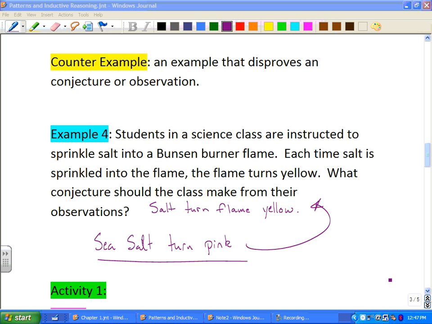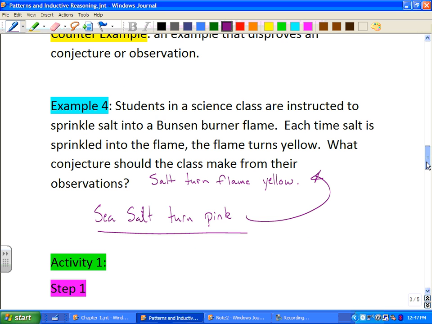Does that make sense? Counterexample. You make an assumption that salt turns the flame yellow. Well, what if a different kind of salt turns another color? It disproves the assumption made. Any questions on this? Am I still writing?